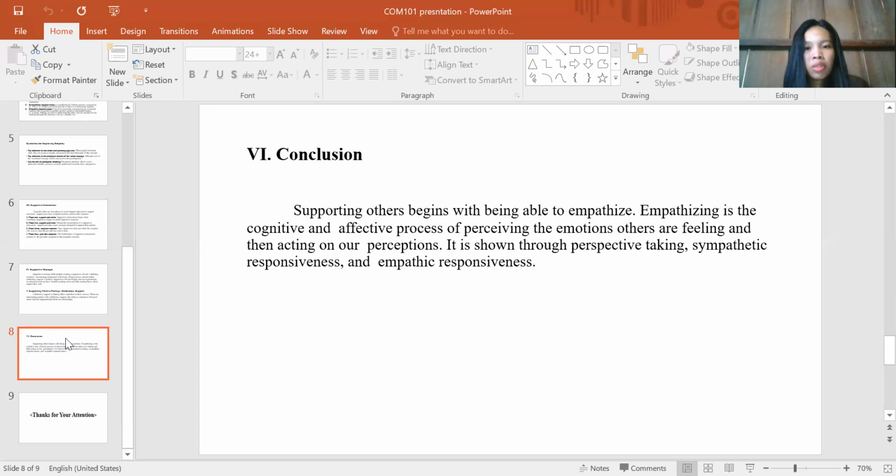It is shown through perspective taking, sympathetic responsiveness, and empathic responsiveness.